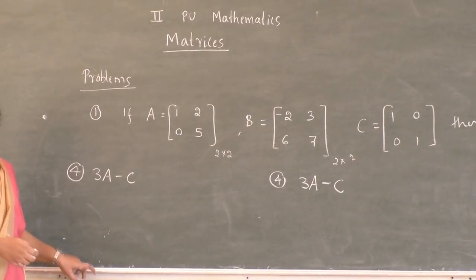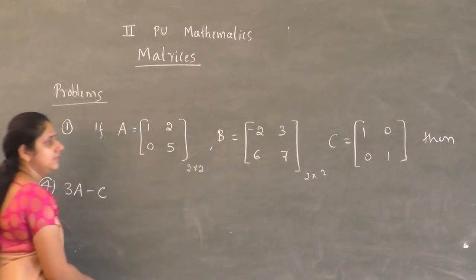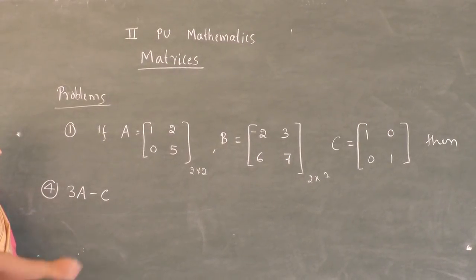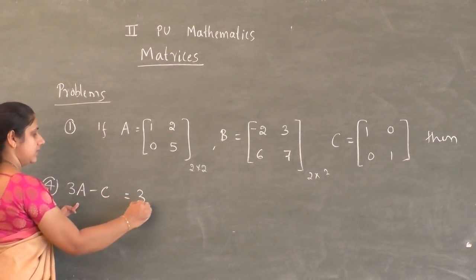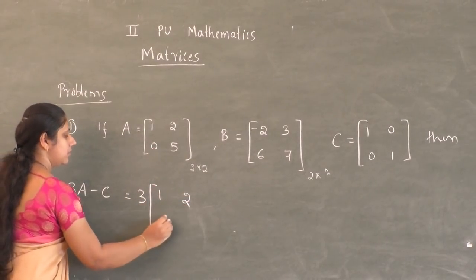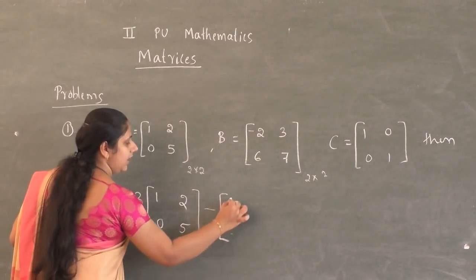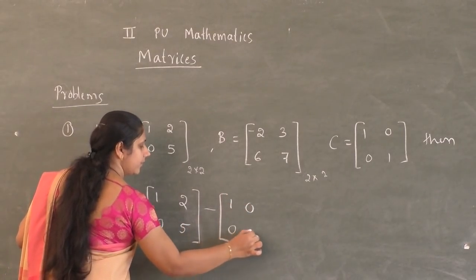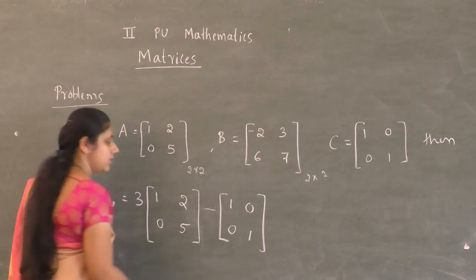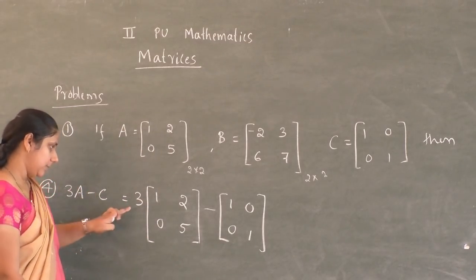Now the fourth one, that is 3A minus C, that is 3 into A, 1, 2, 0, 5 minus C is 1, 0, 0, 1. First you have to do the scalar multiplication, then we have to subtract.